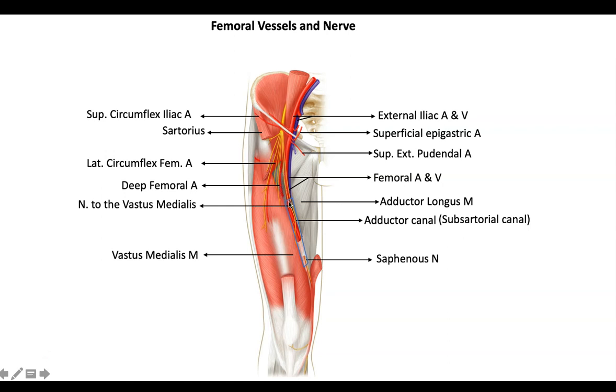The adductor longus muscle separates the femoral artery and femoral vein from the deep femoral artery branches. So the deep femoral artery, you will see in the lab, lies deep to the adductor longus muscle.